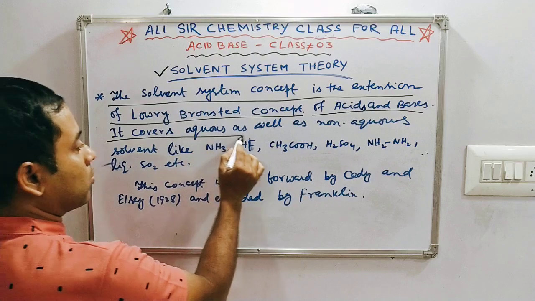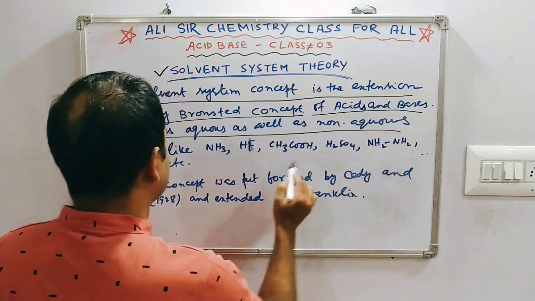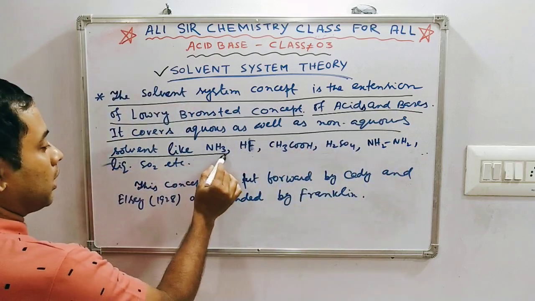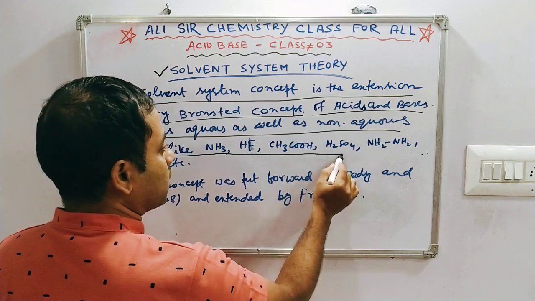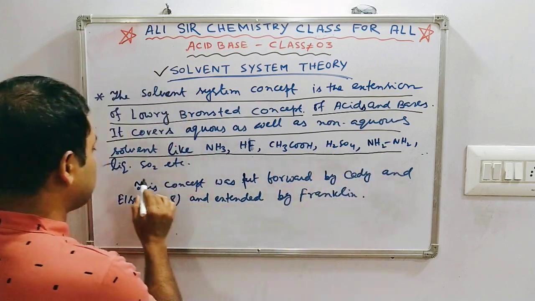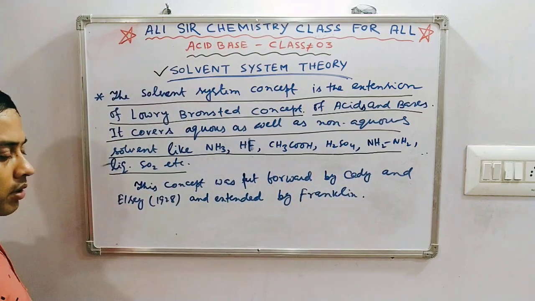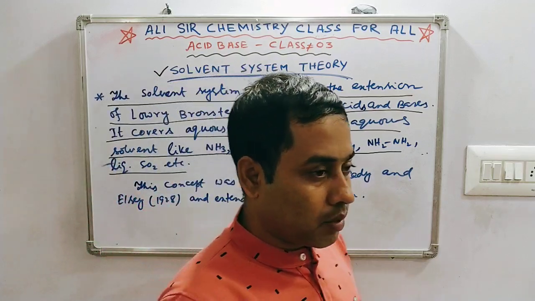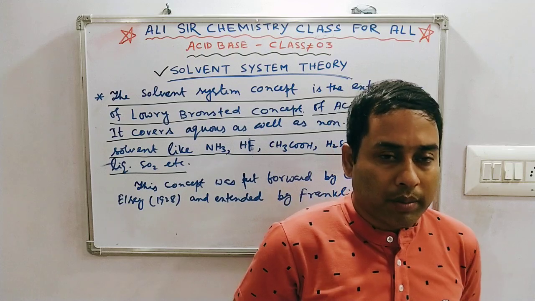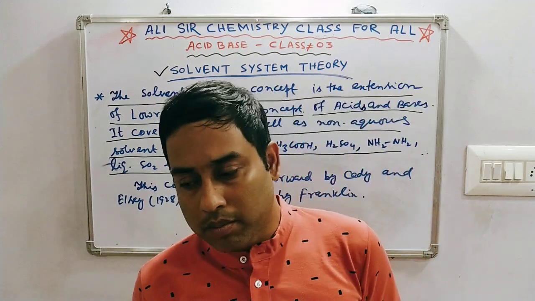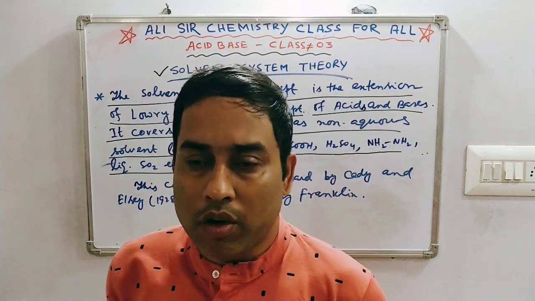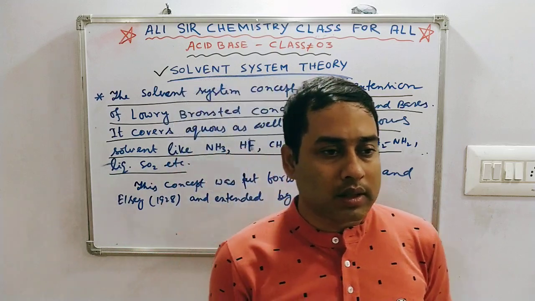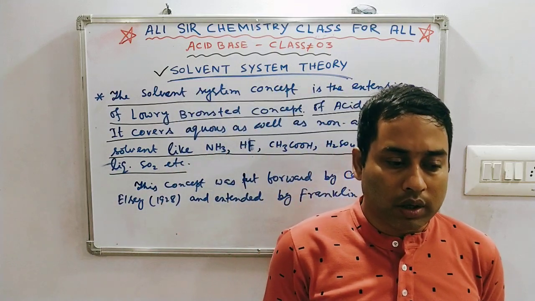It covers aqueous as well as non-aqueous solvents like ammonia, HF, acetic acid, H2SO4, liquid sulfur dioxide, etc. You can explain the acid base property in different types of solvents. It may be protic or non-protic, doesn't matter. All of you know each and every solvent has a property of auto-ionization.